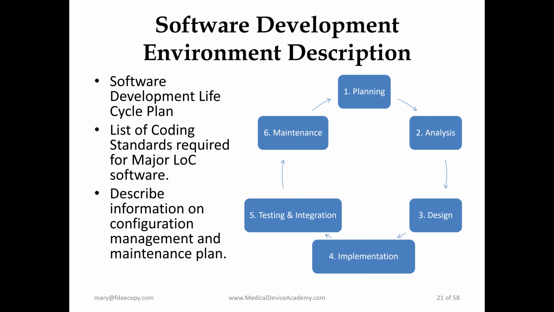And then describe any information on the configuration, management, and maintenance plan. So as you're making updates to the software, what's your plan for revalidating that? What's your release plan? How are you making sure that you're evaluating the changes for potential regulatory impact, those sorts of things. So those are the details that you'll want to describe in this document.